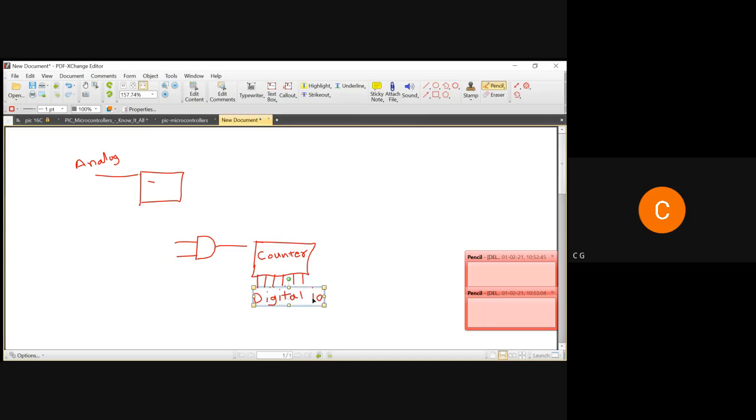So this is the digital out signal, and this is the clock pulse.